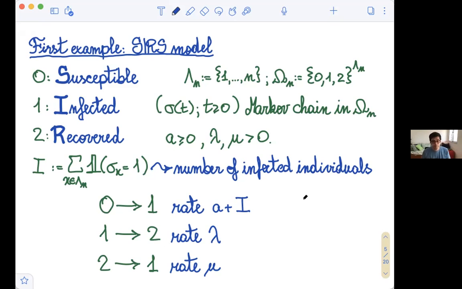So the simplest dynamics one can imagine is given by these rates that I wrote here. This is going to be a continuous time Markov chain.